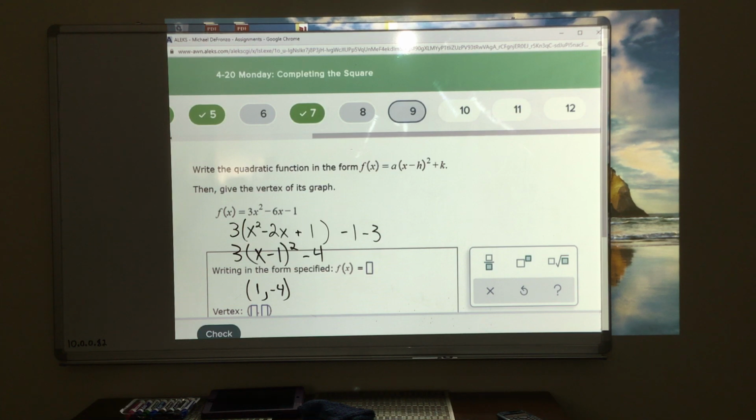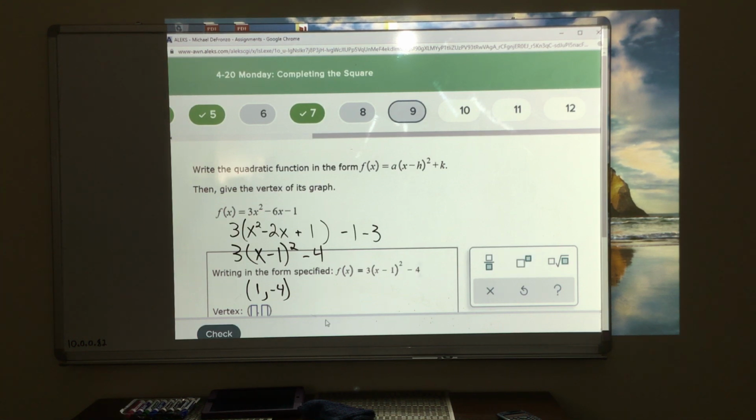So if it doesn't work, I'm not going to spend any more time with it. 3 times x minus 1 squared, -4.